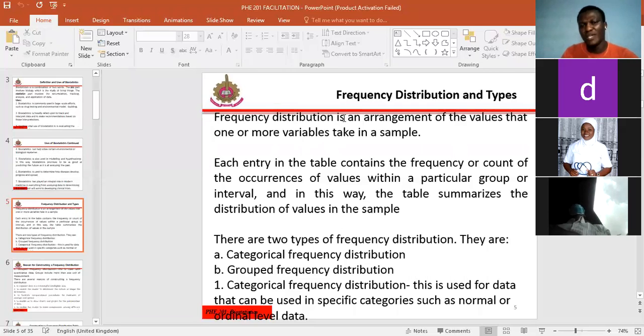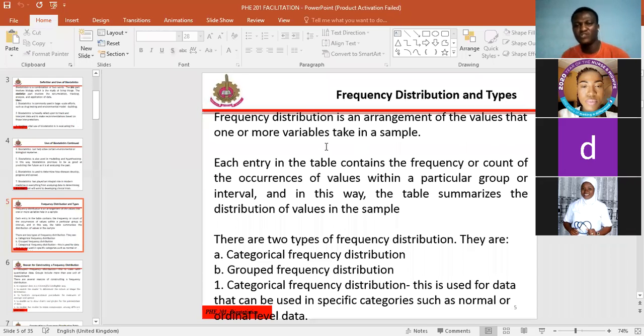And this will bring about you needing a kind of frequency distribution, a kind of arranging the data in a chronological order so that it will be easily interpretable and easily understood by anybody that picks up such a document. Now, frequency distribution is just an arrangement of the values so that one or more variables could take a portion or the other in the table.